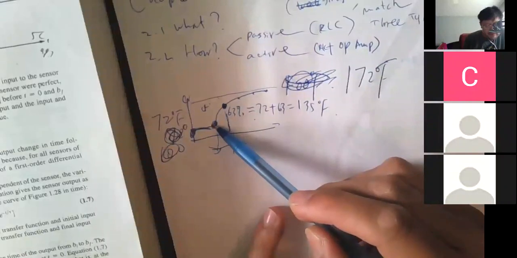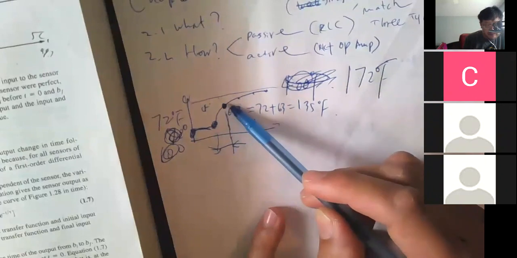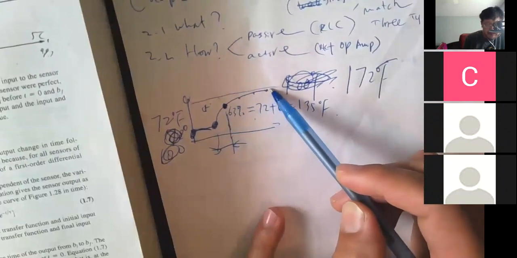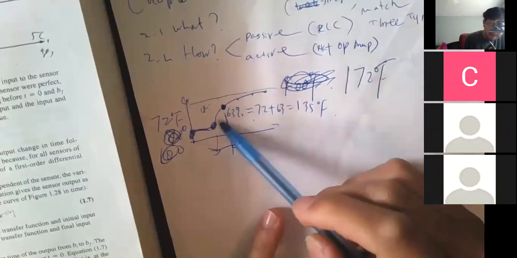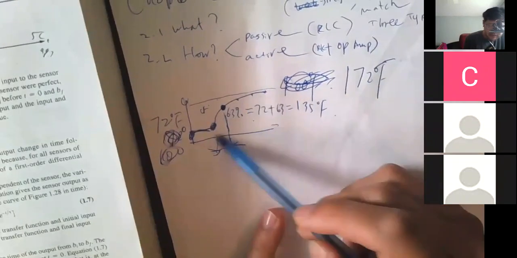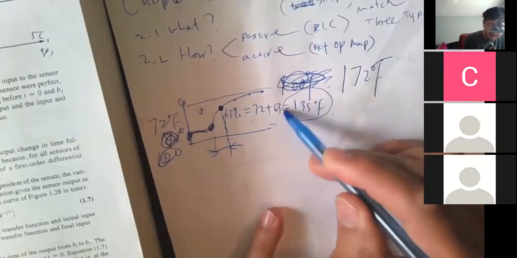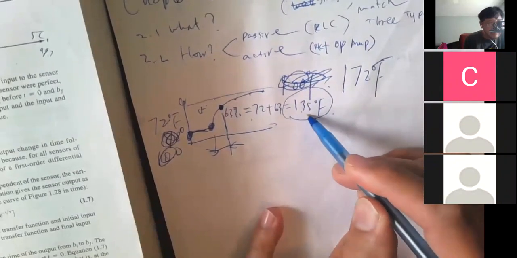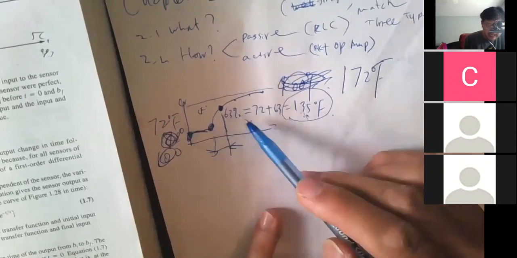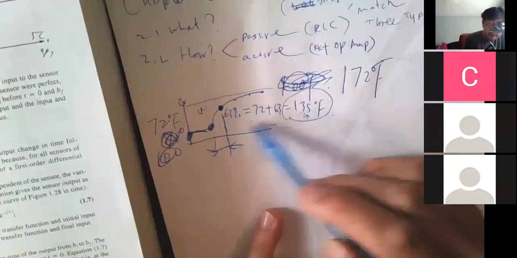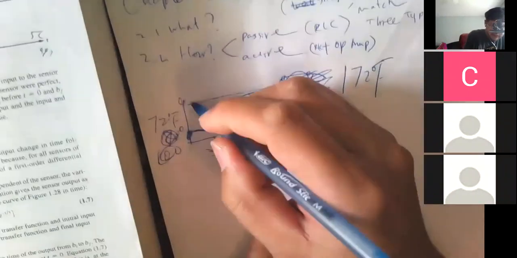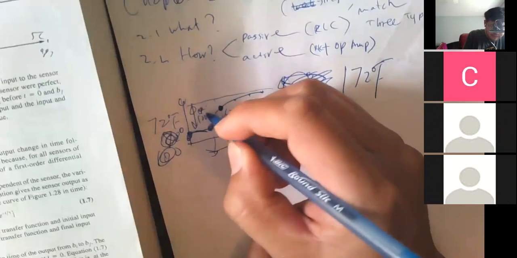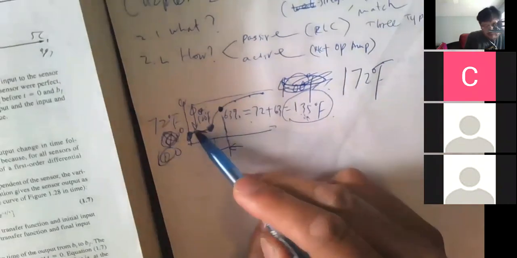When you put your sensor in the oven, the reading will go up. If you leave it long enough, the reading will be 172. But somewhere during that process, we have a reading of 135. How did we get 135? We just add 63, because 63% of 100, the difference, is 63.